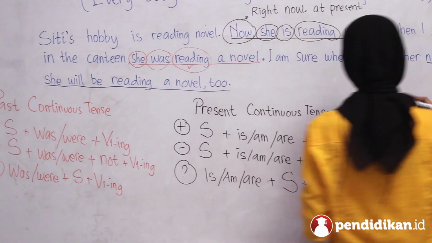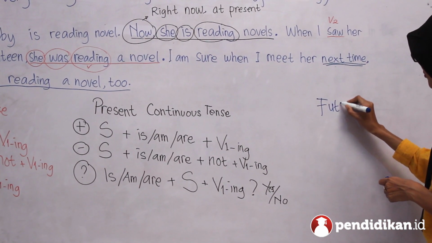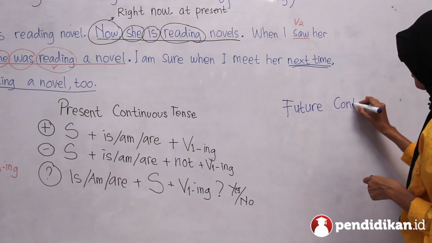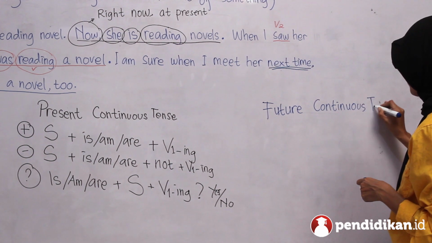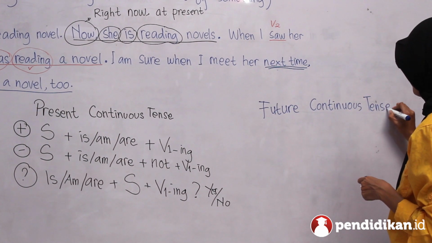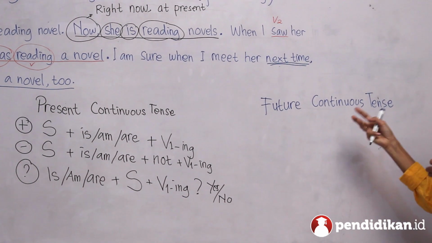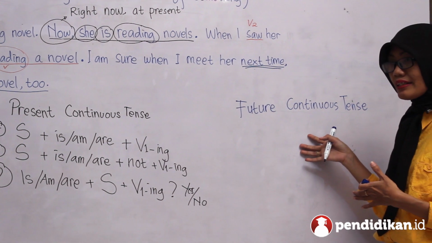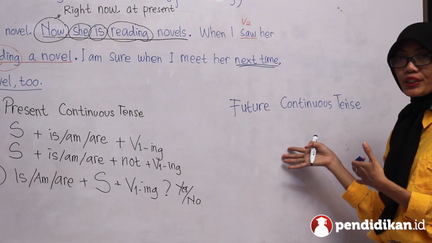I write here. Future continuous tense is used to show the action that will be happening in the future.